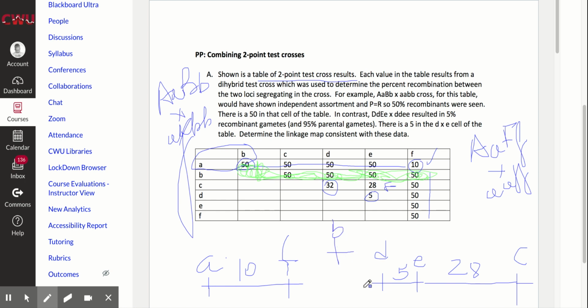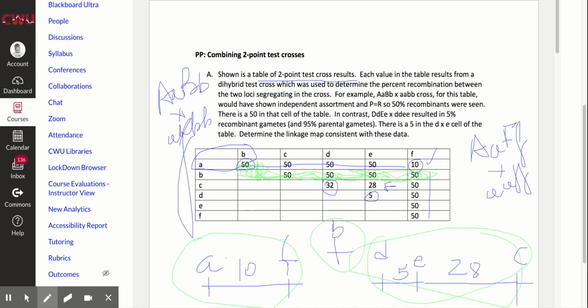So B is its own little linkage group. So I have 3 linkage groups. I have 1, 2, 3 linkage groups. Groups of genes that are linked according to the cross data here.